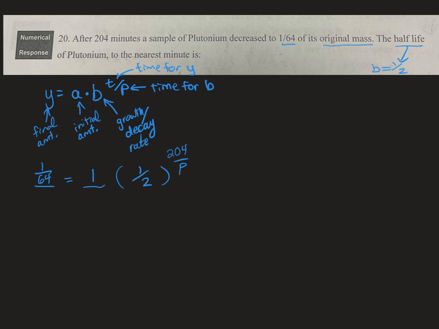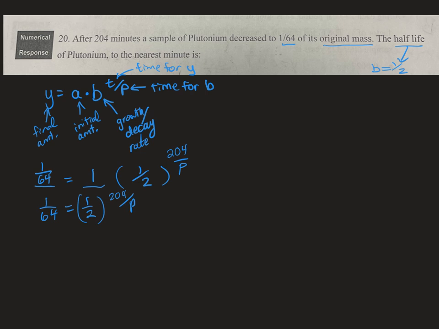Alrighty, looks like we've got everything filled in. Now we just need to solve for P. You want to isolate your power, but really with that 1 in front, it kind of is isolated already. So we'll just rewrite that, making it look a little cleaner. Now I'm noticing here that we're not going to need to log both sides because our bases on these powers can be made the same.